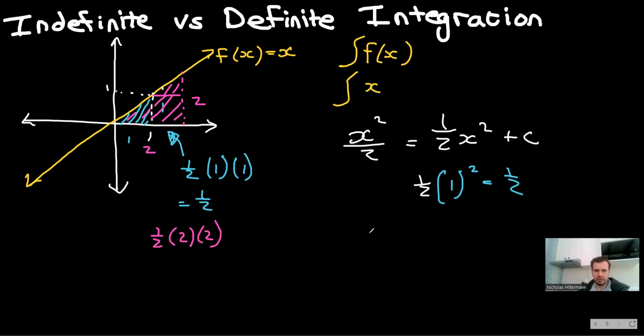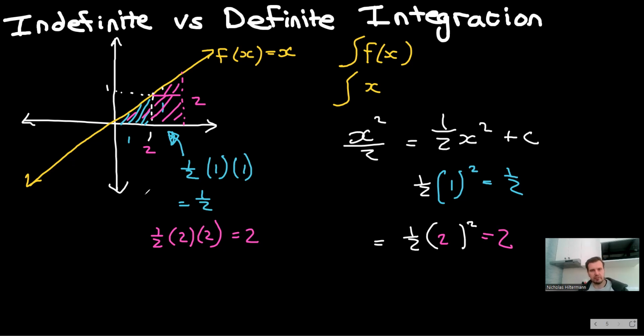Now if we substitute into the integral here, we would get a half, and then if we put in the 2 squared, we get 4, and a half times 4 is, I'm sorry, 2. So we get, for this one, 2, and this one, 2. So you see that it works intuitively, and it also works using the integral. So the integral would work even if it was a complicated function.